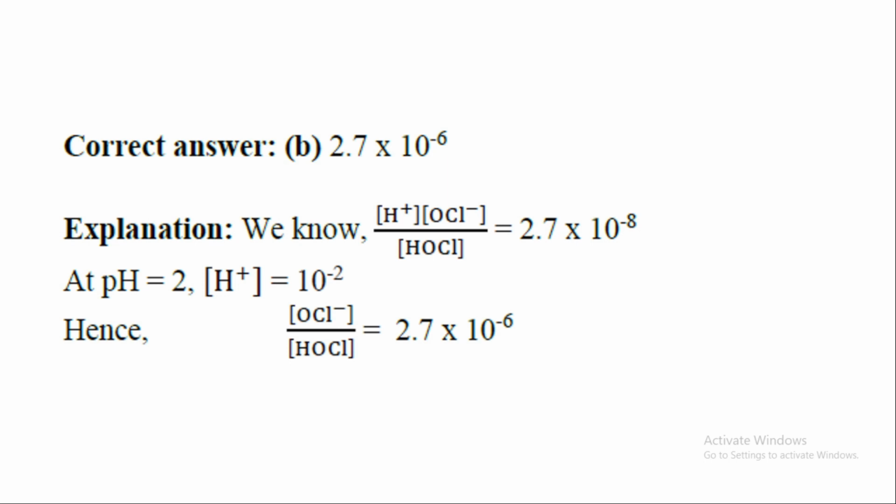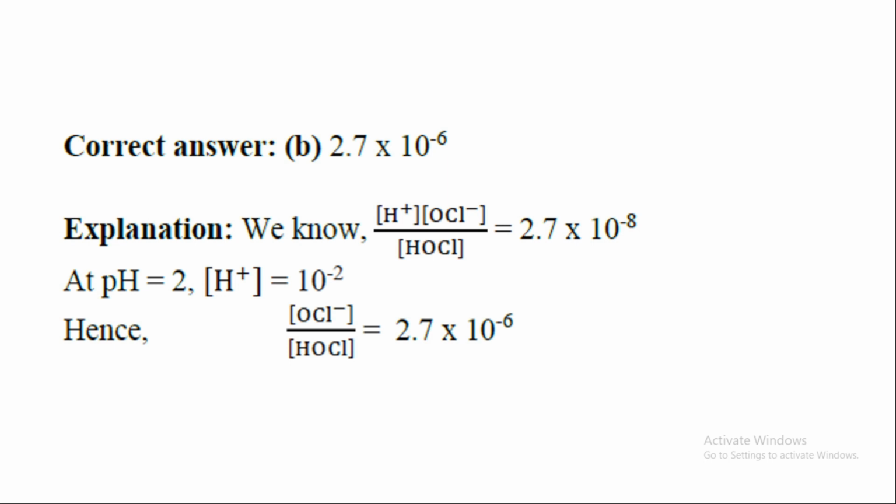On the right hand side of the equation, we have H plus and OCl minus. Since there is an addition sign, the concentrations are multiplied: concentration of H plus multiplied by concentration of OCl minus. Now what is remaining in the solution? Let's say in a beaker I took some HOCl and it is dissociating on its own into H plus and OCl minus.